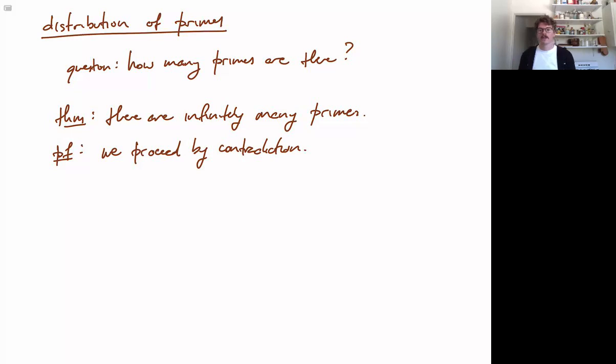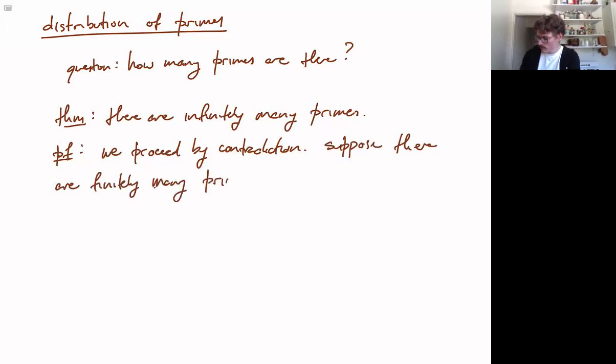So if we want to proceed by contradiction, suppose there are finitely many primes, and then we can write them all down, essentially. Not explicitly, but let's give them names so that we can work with them.